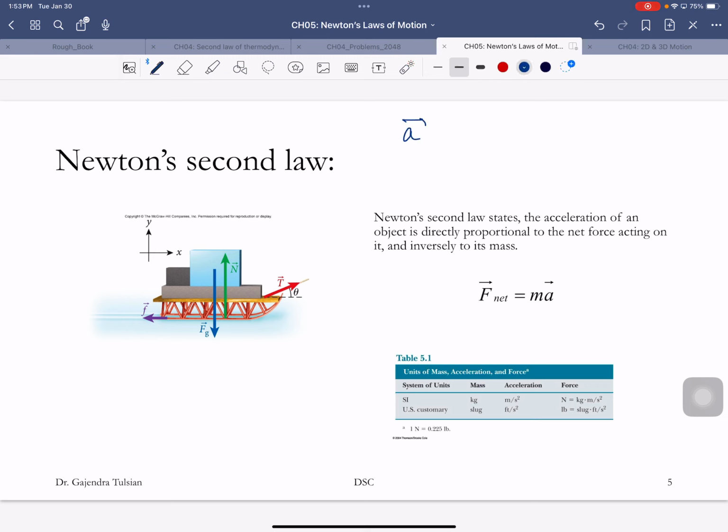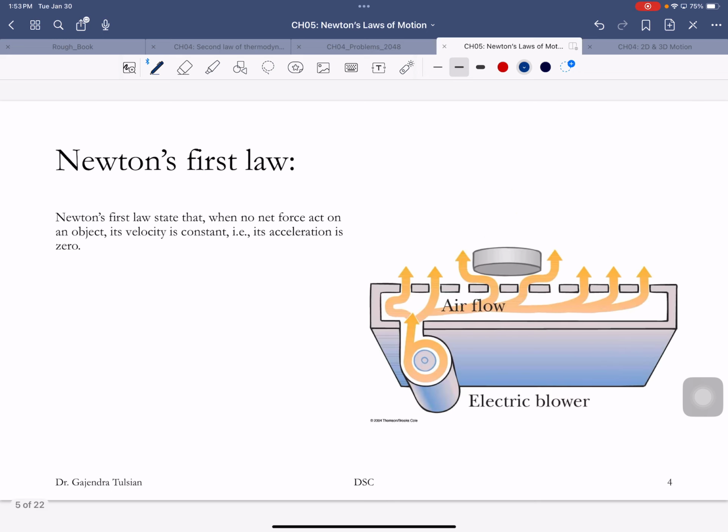Velocity is constant. And that's Newton's first law. So it's really a special case of Newton's second law. In fact, Mr. Galileo discovered this law. But instead of calling it Galileo's law, we call it Newton's first law because it's a special case of the second law.